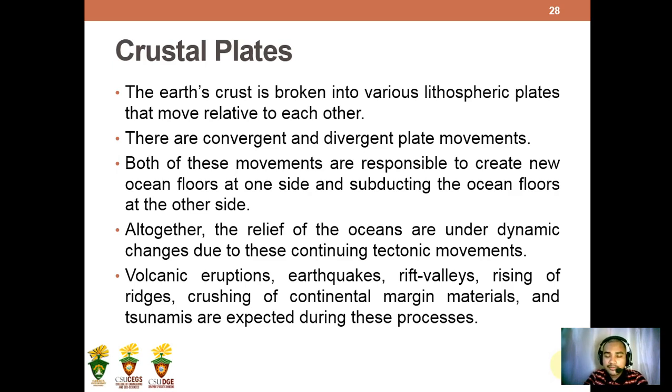We all know that, no, since we have studied this in our geology subject.